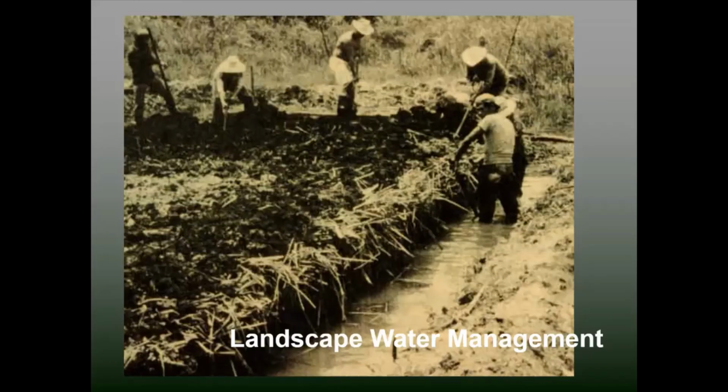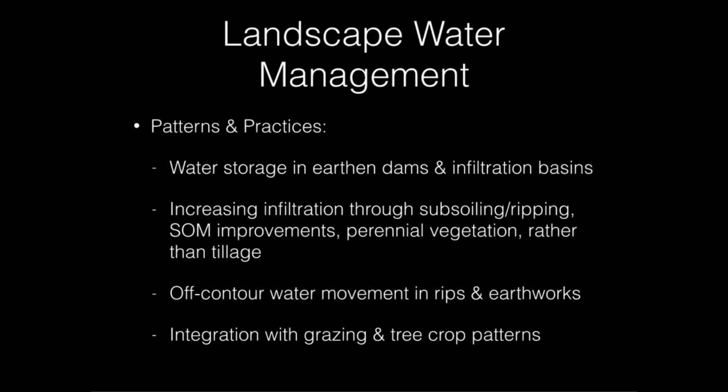So this is about landscape water management. Next slide. So, basically this is just about thinking differently about how we manage water, because one of the biggest challenges we're going to have in Vermont and the Upper Valley is that there's a lot of water happening in these weather events, kind of just pummeling farms.